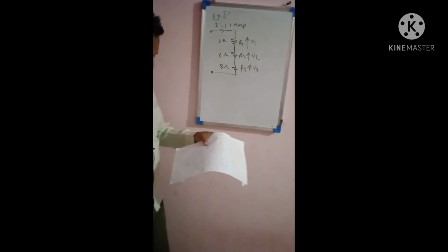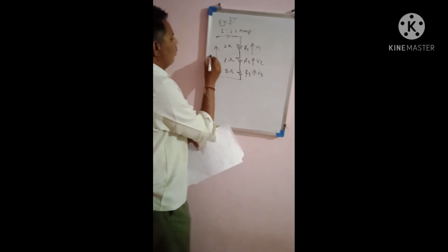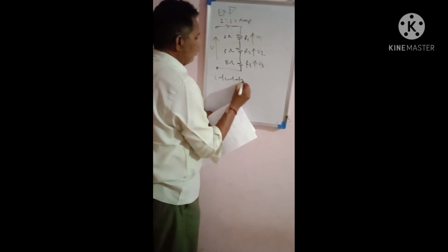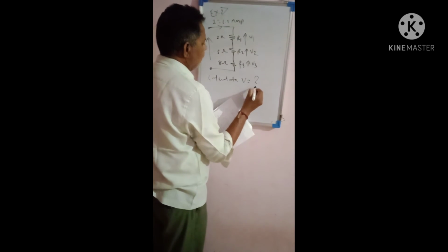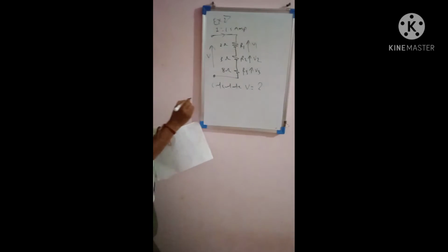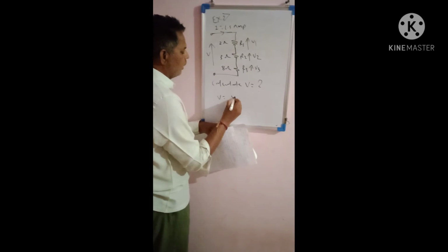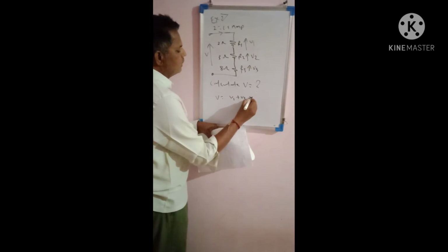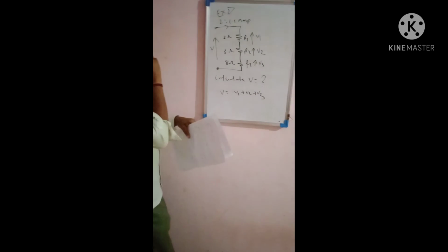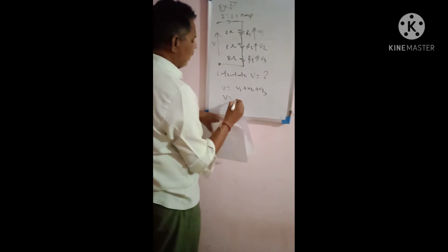Now they ask to calculate the supply voltage V. How to calculate it? Remember that V equals V1 plus V2 plus V3, the drops across each resistance. How to calculate V1? V1 is nothing but I into R1.